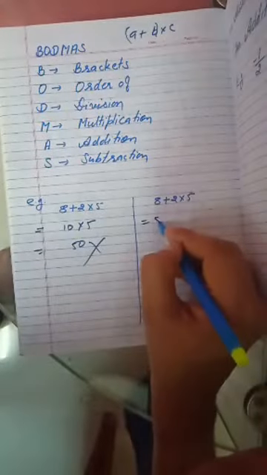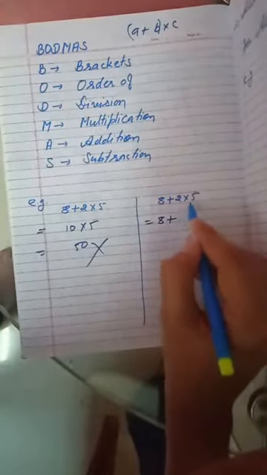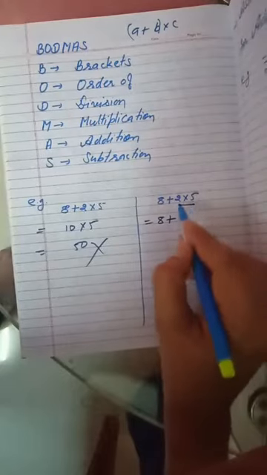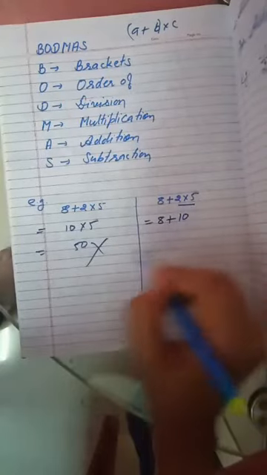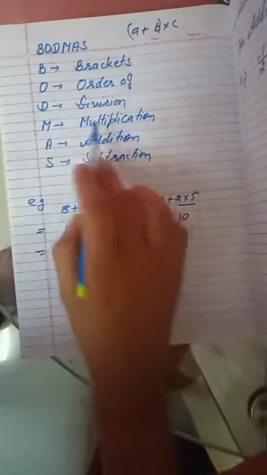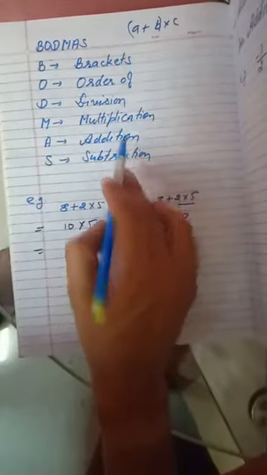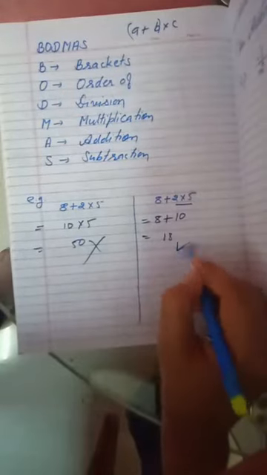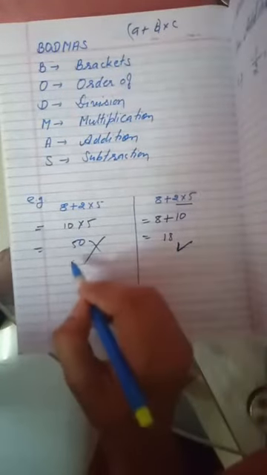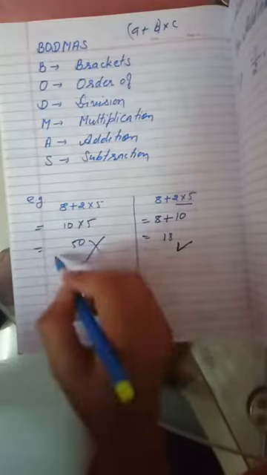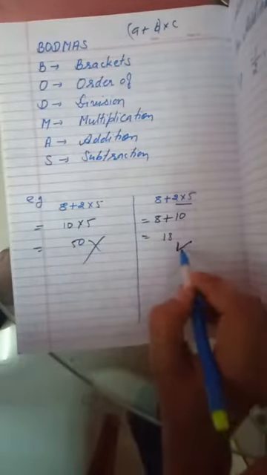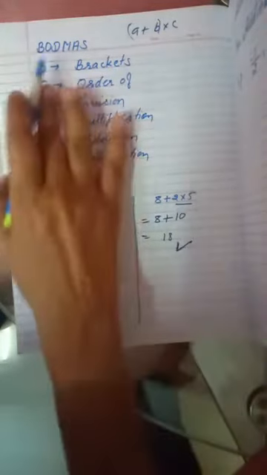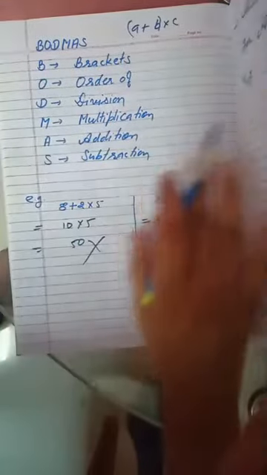That is 8 plus, first the multiplication 2 into 5, which is 10. After multiplication you go for addition. So 8 plus 10 is 18. So the right answer is 18. The other method gives the wrong answer. So you must always follow BODMAS whenever you are solving more than 2 numbers.